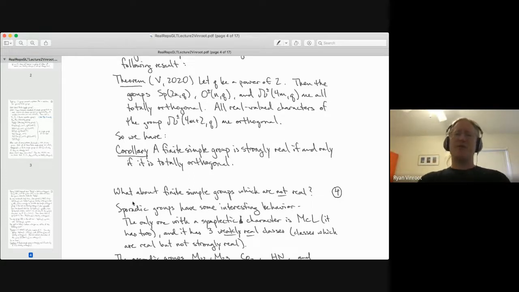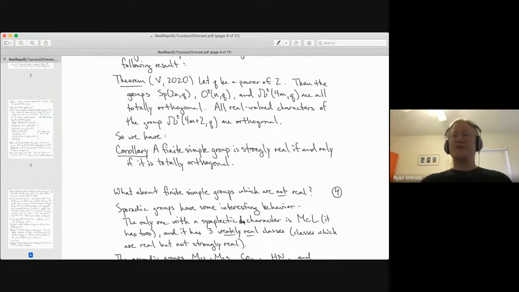If you look at sporadic groups that aren't real and you start looking at the indicators, the status of the reality of the classes, well, only one of the 26 sporadic groups has a symplectic character, and it's the McLaughlin group. It has 2 symplectic characters, and it happens to have 3 weakly real classes.